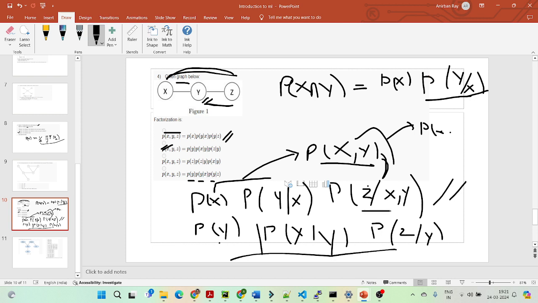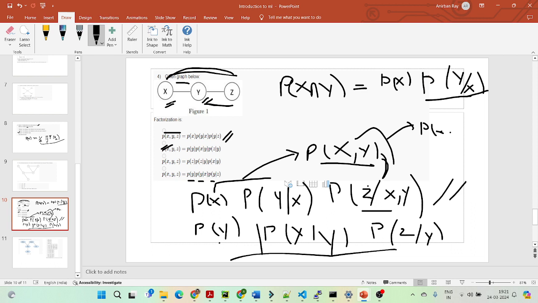So we can write P of Z given Y, no? No, no, understand. If x is known, then z is still dependent on y, and y is still dependent on x.